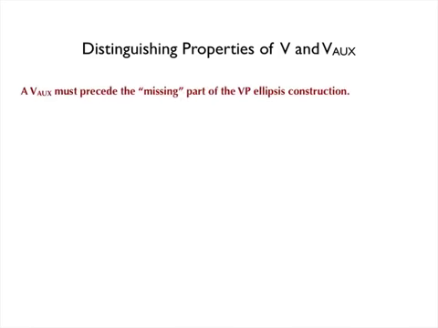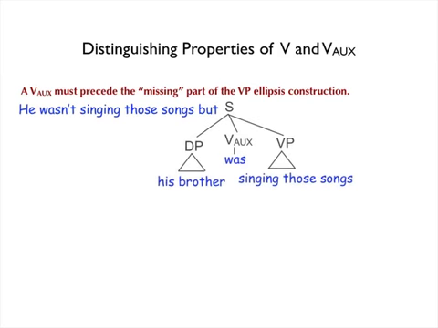Another thing that we note, and here we're starting to get into how we can know something about the internal structure of the clause based on things that can happen. So if we look at the verb phrase ellipsis construction, we take something like this: he wasn't singing those songs, but his brother was singing those songs. We probably wouldn't say it that way, right?